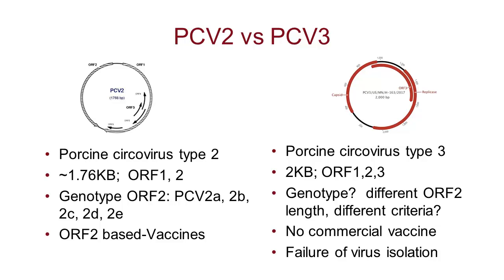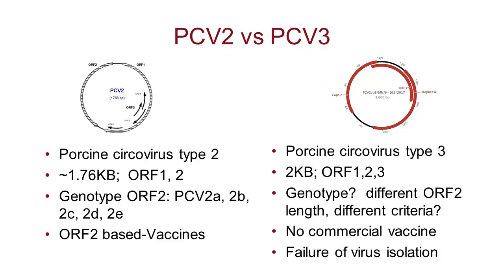We don't have a criteria; we cannot use the same criteria of PCV2 to apply to PCV3. And so far, there's no commercially available vaccine for PCV3, and we haven't heard of any success in any laboratory reporting a virus isolation. So that's also the challenge to prove Koch's postulates if this virus cannot repeat the clinical signs and be isolated in the end.